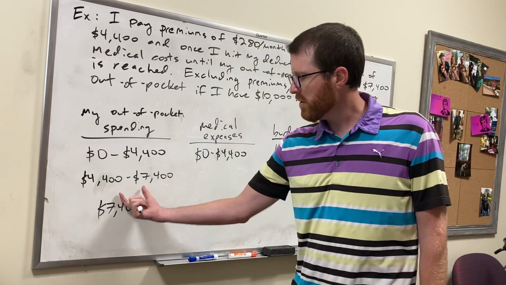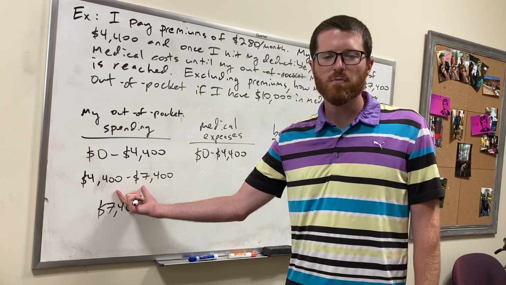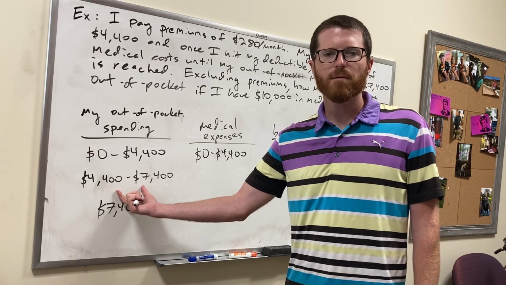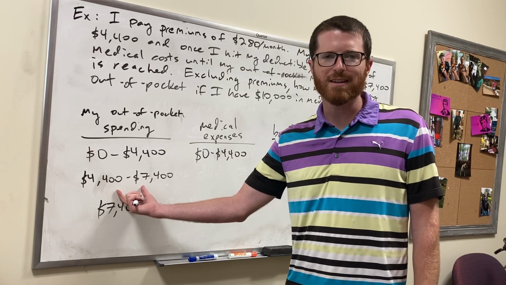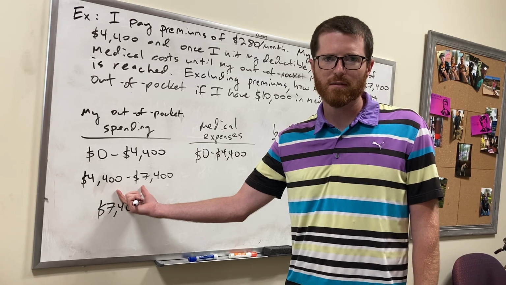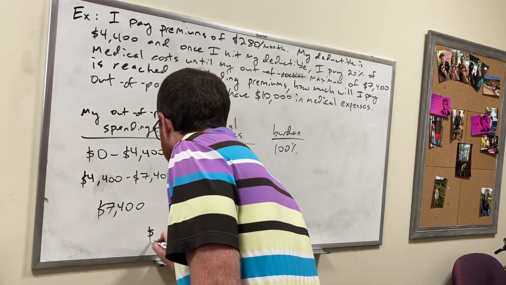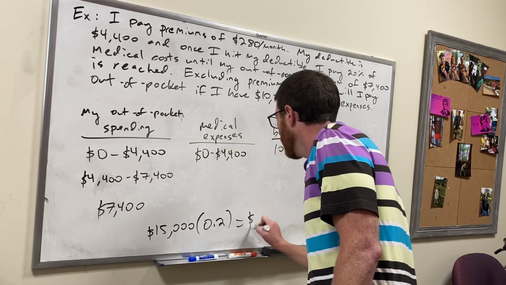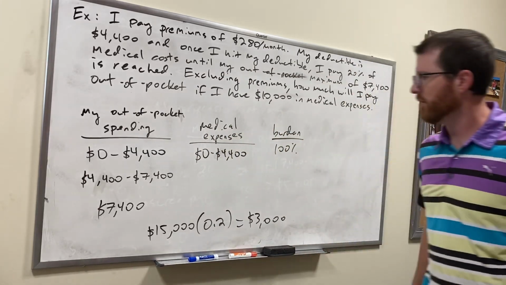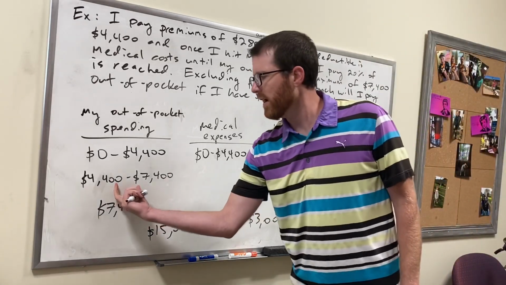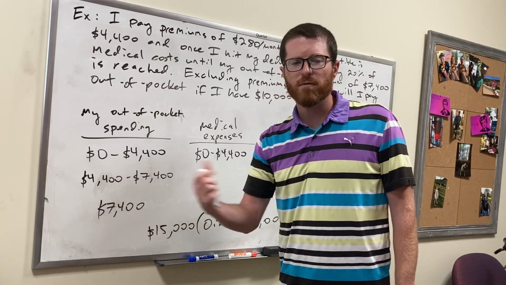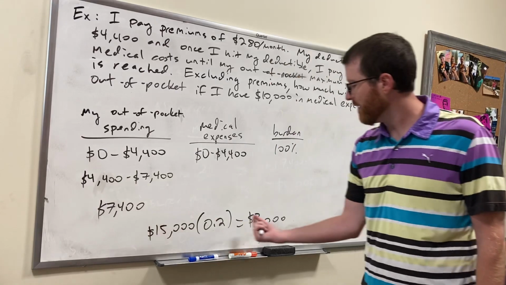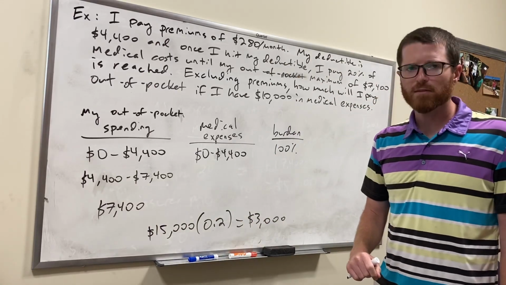So for you to spend $3,000, you must have incurred $15,000 in additional expenses. The logic for that is if I take $15,000 and multiply it times 0.2, I get $3,000. So that $3,000 there can only be fully realized if you had $15,000 in medical expenses.